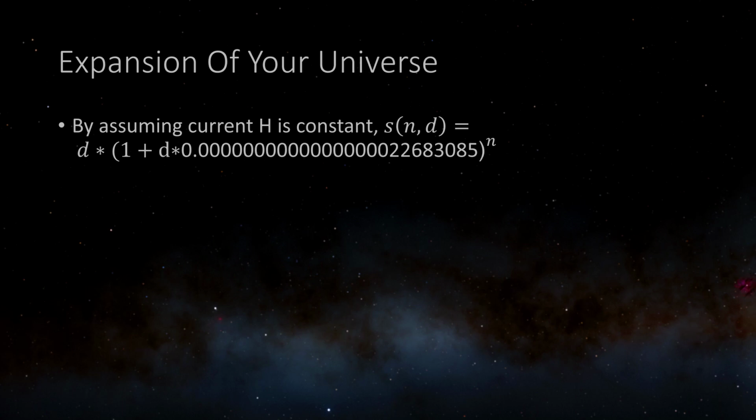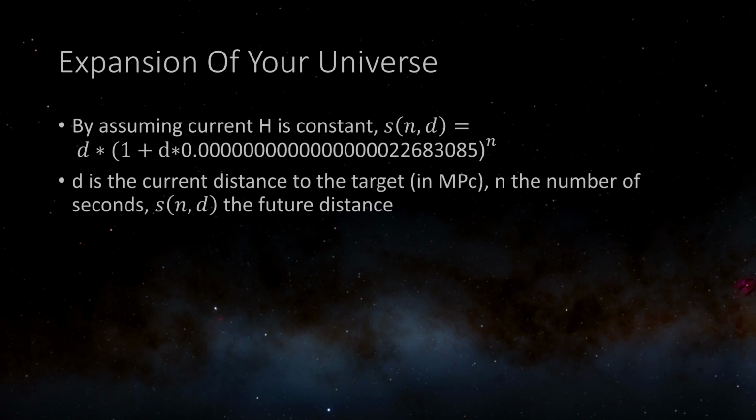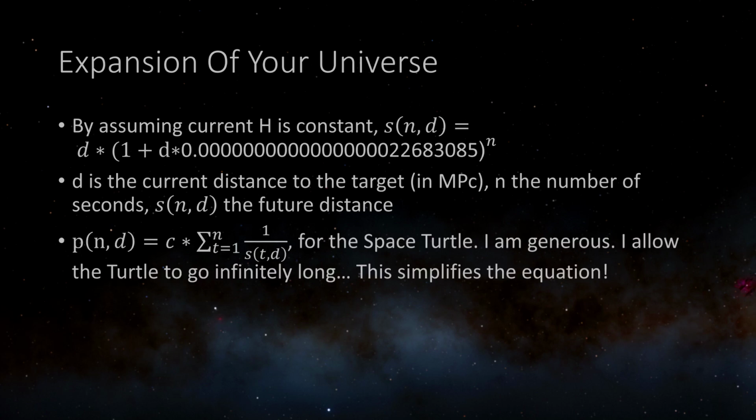And in this distance we later apply the star or the galaxy or wherever we want to move to, and then we'll look, while going with the n iteration upwards, if we are able to get above 1. So d is the current distance to the target, and n the number of seconds. And s(d) gives us the new distance.